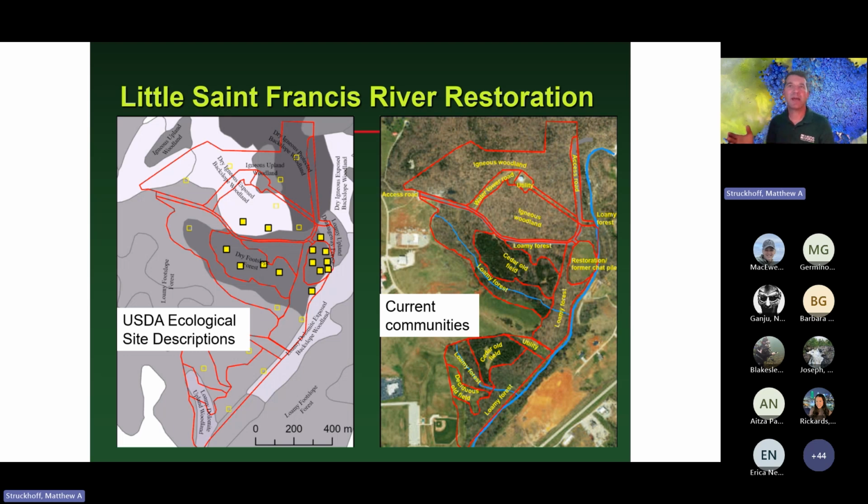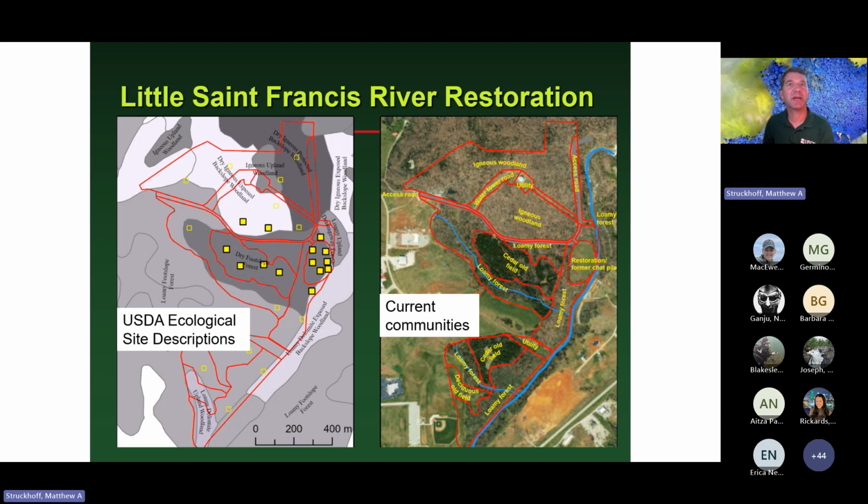On the right-hand side, we can see the current conditions in relation to those ecological site descriptions. At the north end, we have these igneous woodlands. These are dry upland woods occurring on granitic substrates. And at the lower half of this site, we have primarily loamy dolomite forests in various stages of degradation due to past land use, including the mining, but also including grazing that took place over the last century.